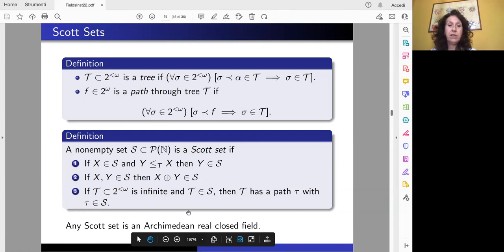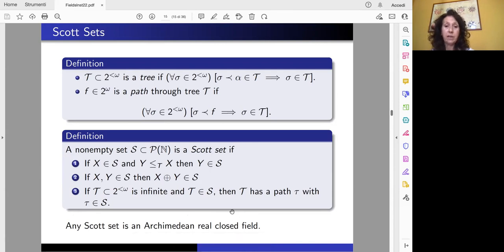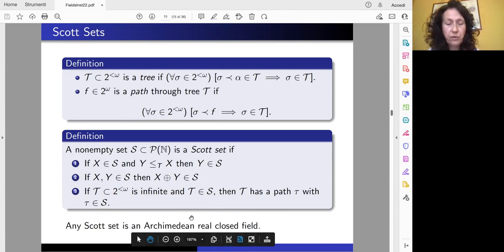Any Scott set is a real closed field. We can induce an Archimedean field structure on it, so it's a subfield of the reals.